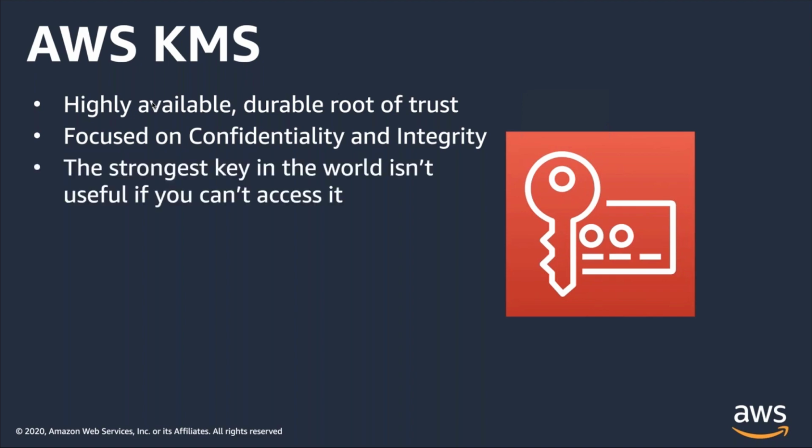But the strongest key in the world isn't useful if you can't access it, is one thing that we like to say. So KMS is focused on high availability and high durability for those individual keys. As I mentioned earlier, it integrates with over 60 AWS services. So pretty much anywhere you'd like to store data in AWS, you can use a KMS key to protect that data and have access to granular logging.